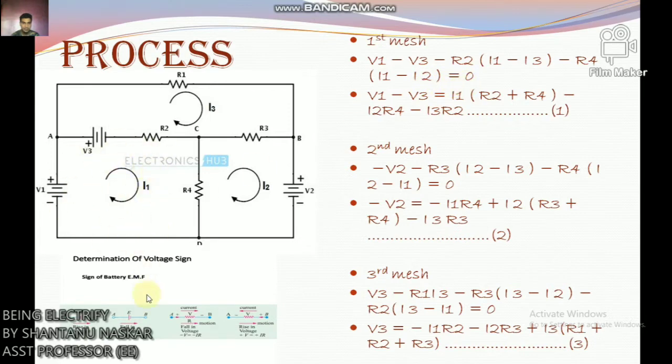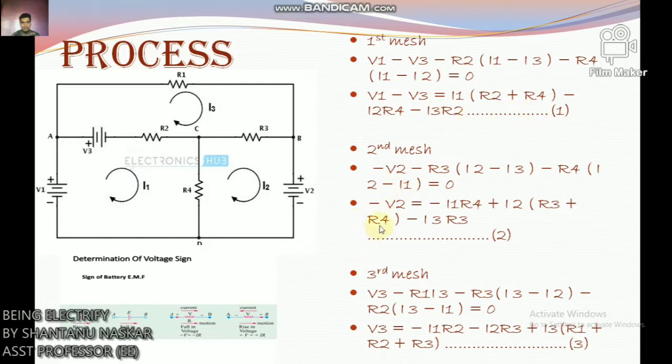By this rule we can calculate those meshes. Very simple rule. Now V1 minus V3 equals I1 within bracket R2 plus R4, minus I2 R4, minus I3 R2, which is equation number 1.